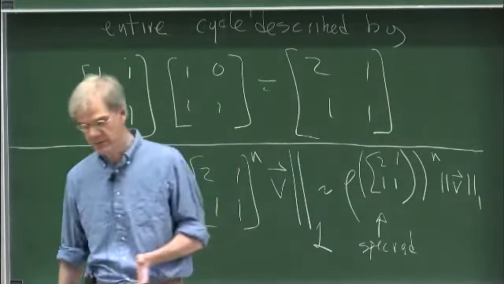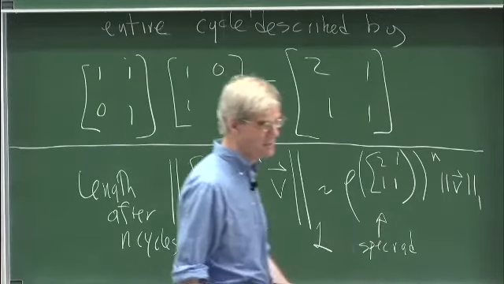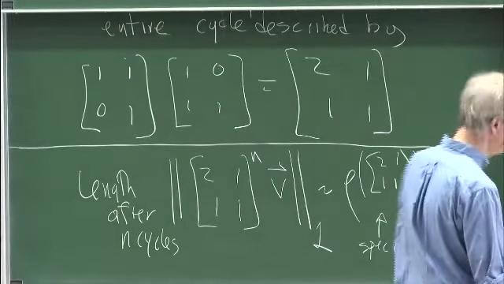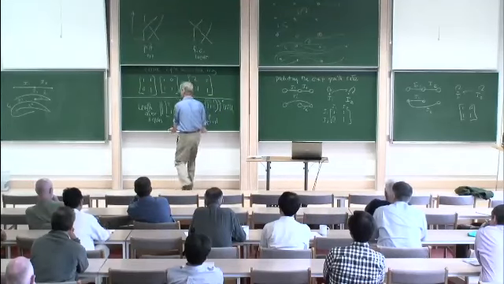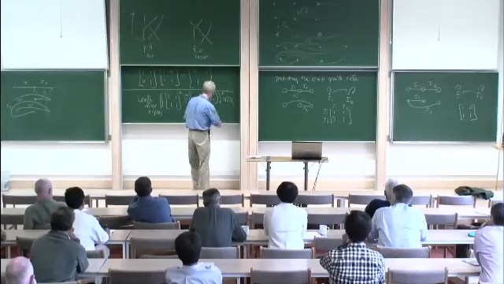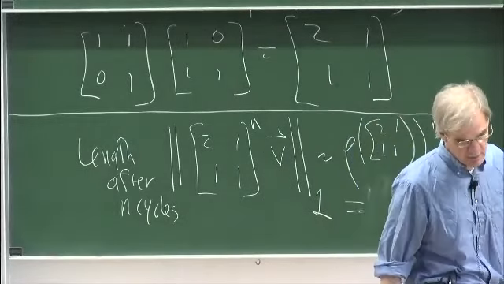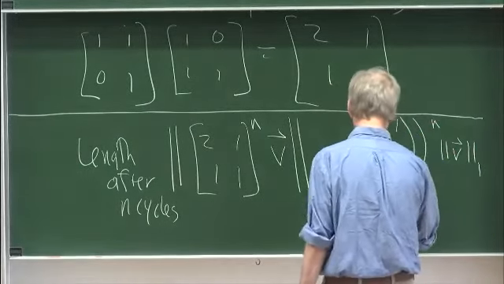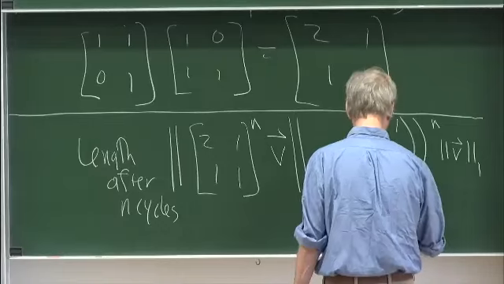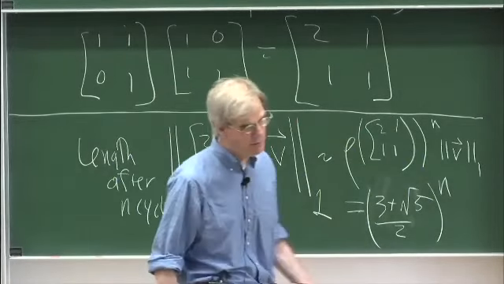So as you iterate this matrix, it describes the length at each stage of the material lines, and then we have to figure out the spectral radius. I think I'm running out of boards. So what is the spectral radius? Let me erase this thing. So this is equal to, let me just write the number here. Well, it's 3 plus the square root of 5, over 2, to the n. And whatever that number is, it's about 2.6.